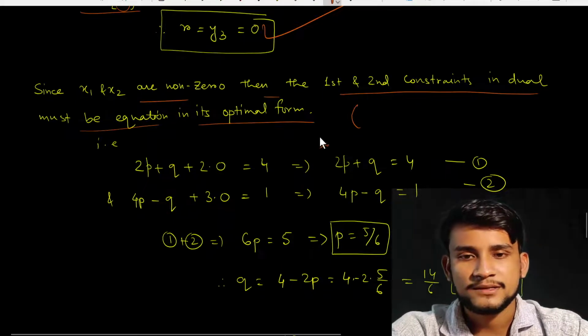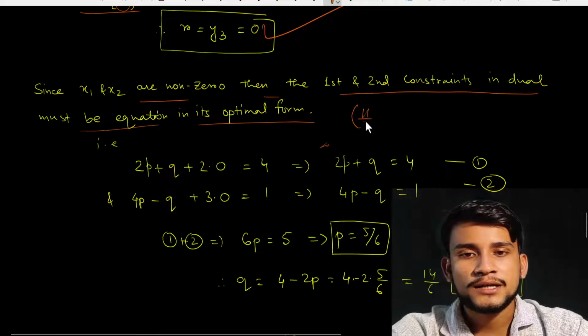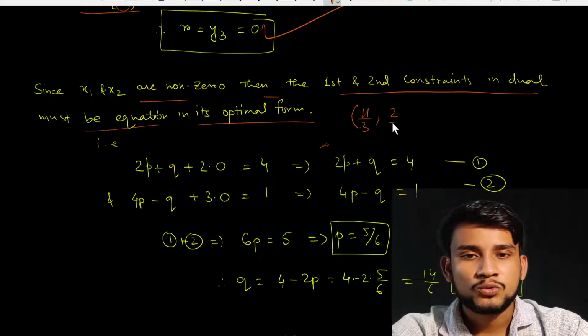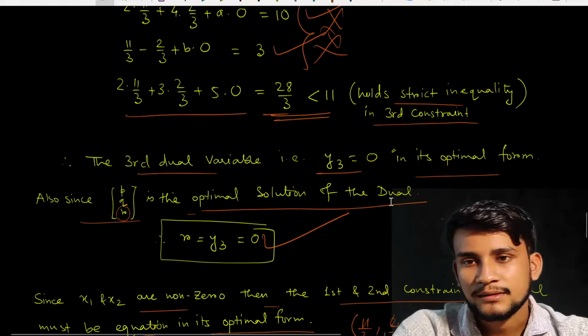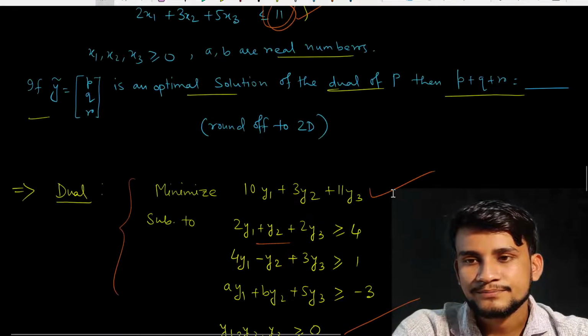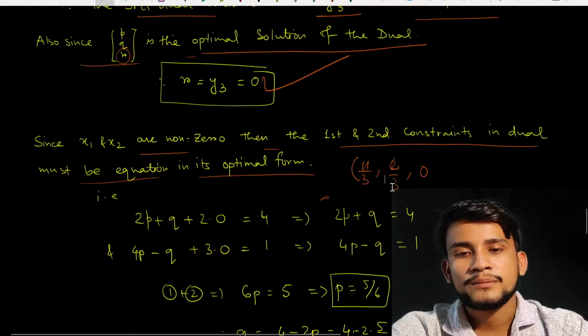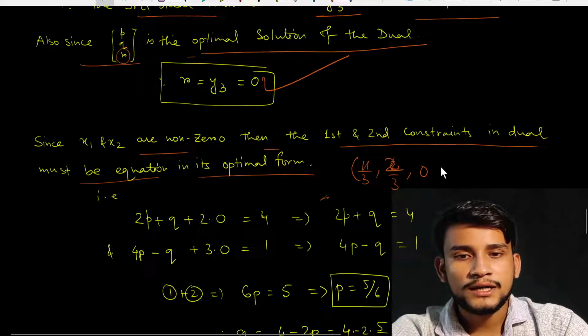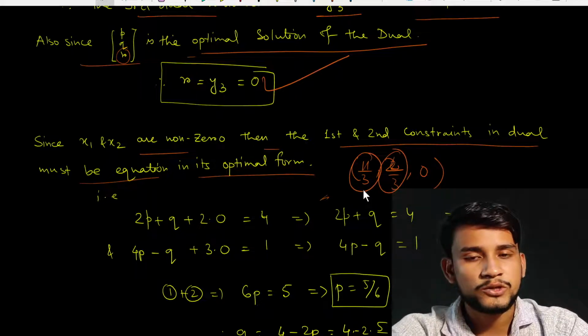Here it is given that 11 by 3, 2 by 3 and 0, that is, these two optimal solutions are non-zero, corresponding to x1 and x2.